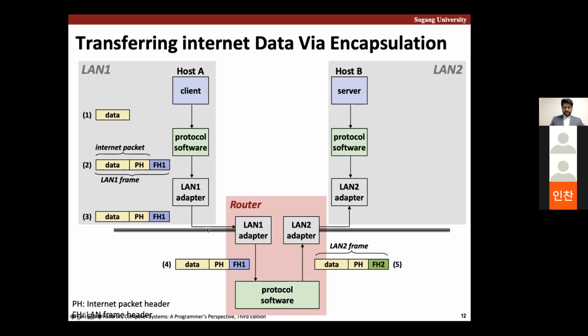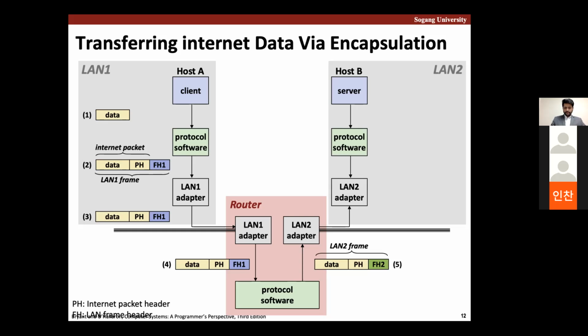In the fifth step, the router fetches the destination internet address from the internet packet header. Like we've seen, the packet header PH has the address of the destination host. The router uses this as an index into the routing table it maintains, to determine where to forward the packet sent from host A, which in this case is LAN 2, because the packet is destined for host B on LAN 2.